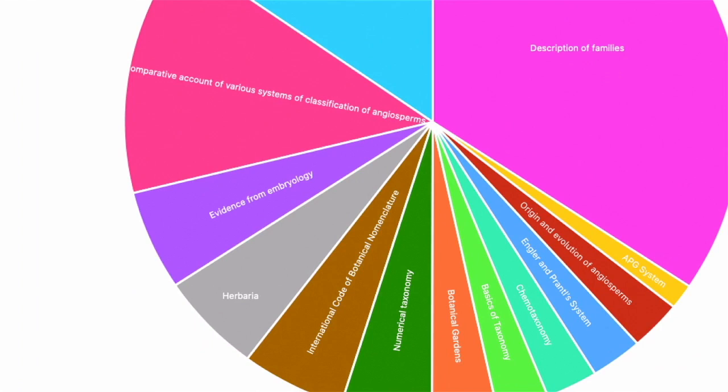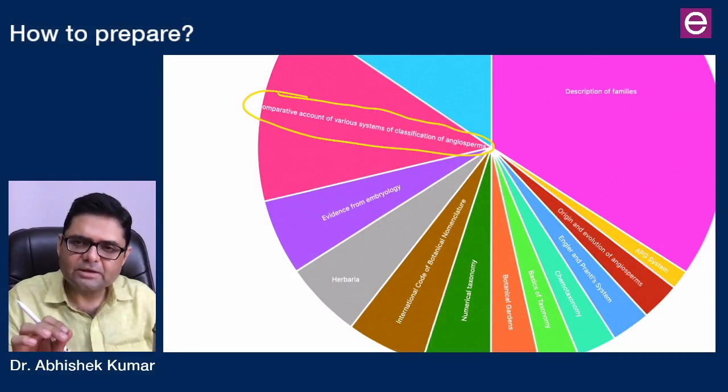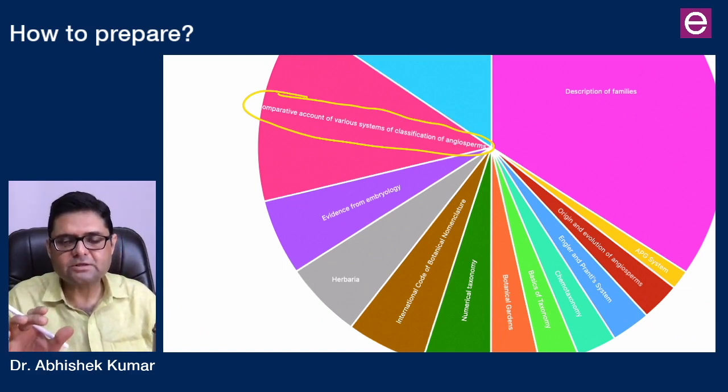Within the systematics, do you notice what is the biggest part here? Nearly 1/3 of the questions have been asked from this particular area. And that particular area is the comparative account of various systems of classification. When it comes to systems of classification, the bias of the examiners is to ask comparative questions.